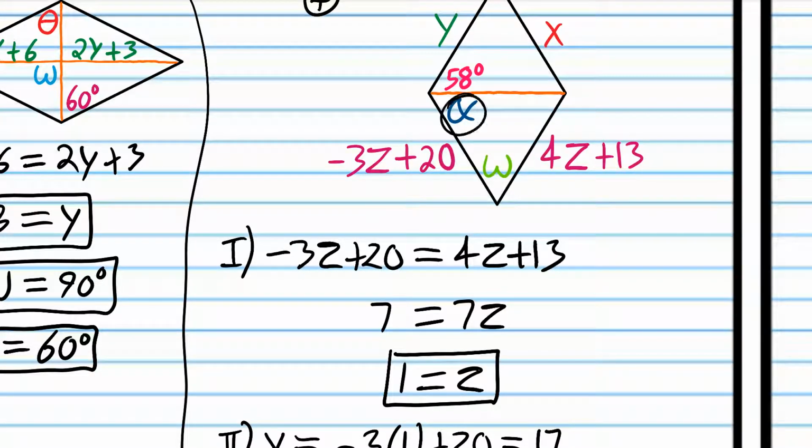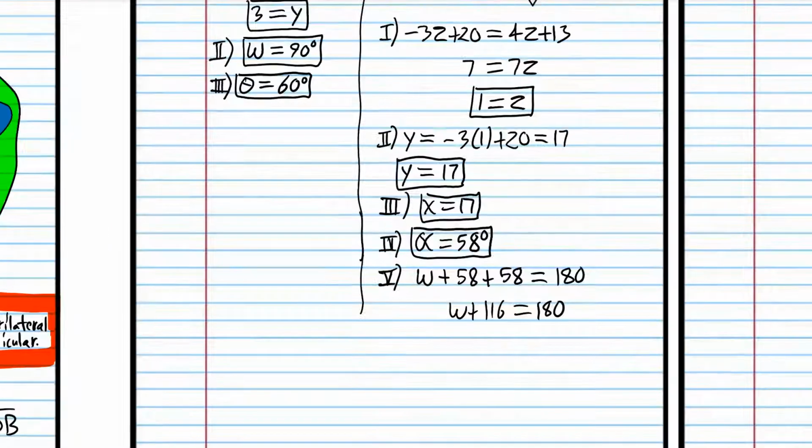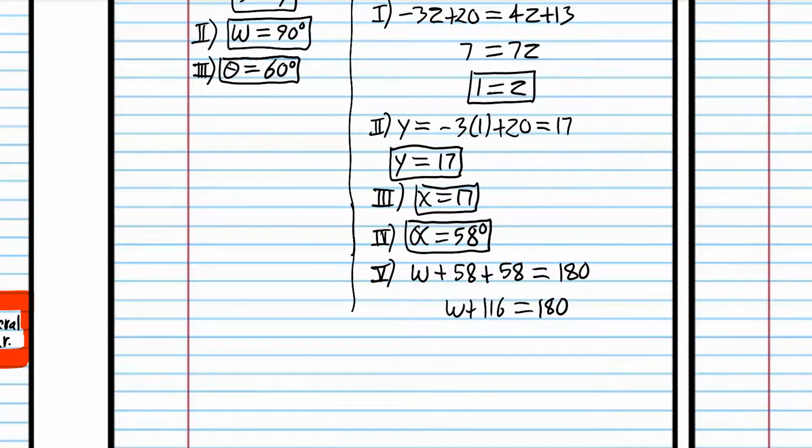So this angle is 58 and this angle is 58. So we can just use the triangle sum theorem. Omega plus 58 plus another 58 is equal to 180. And then we just add those up, you get 116. And then we get, looks like it's going to be 64 degrees for omega.